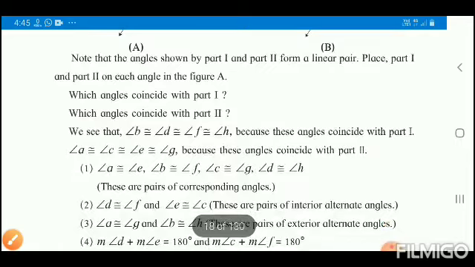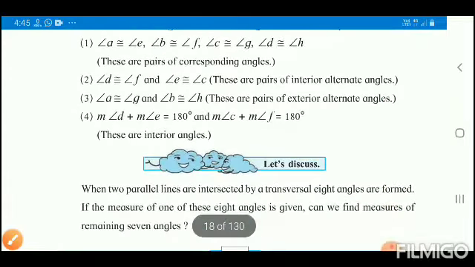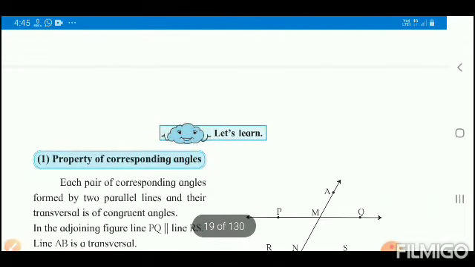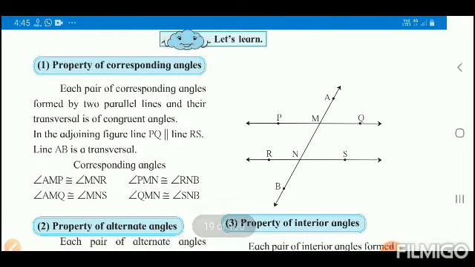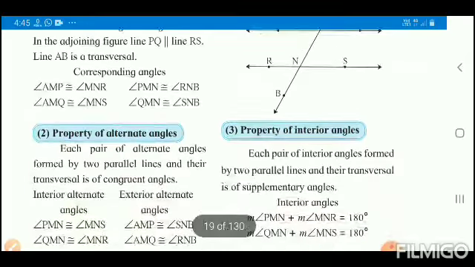Okay. Now next we will see that. Let us learn the property of corresponding angles. Each pair of corresponding angles formed by two parallel lines and their transversal is of congruent angles.